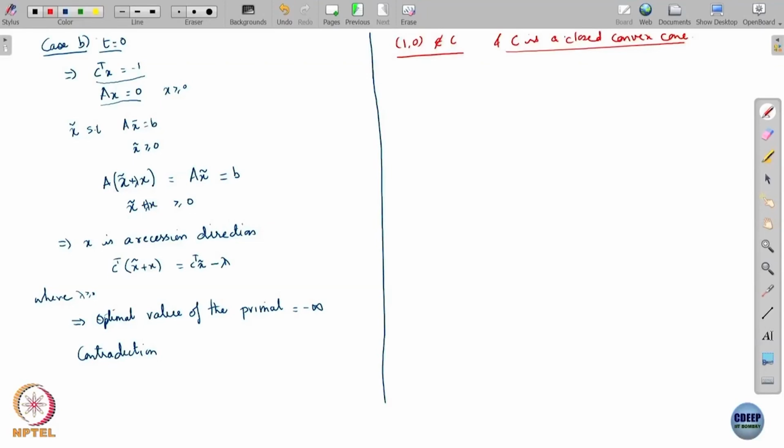It means there exists a separating hyperplane that separates (1, 0) from C. So, this point can be separated from C.